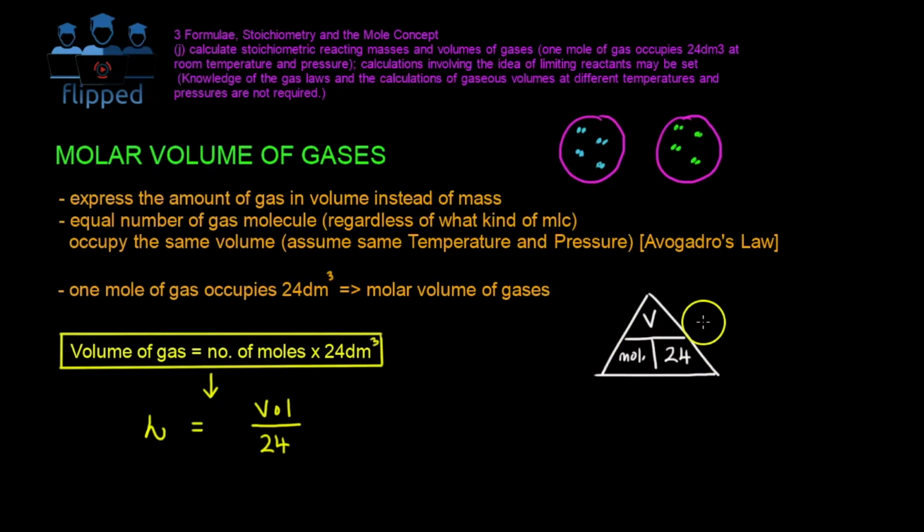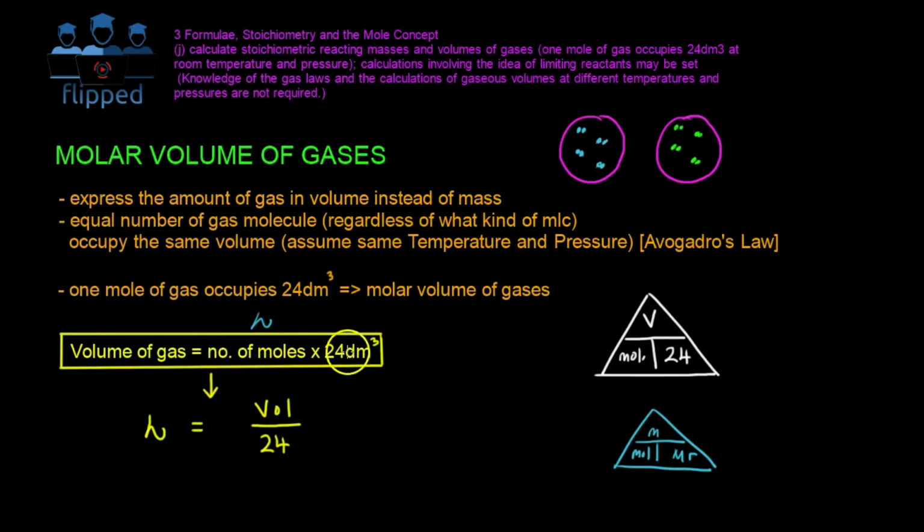I've drawn this triangle for you, as I did in the mass chapter. Recall that previously it was mass on top, over mole times Mr. This is a variant: volume over mole times 24 dm cube. From this formula, we can also change it into this one, which is actually more commonly used: number of moles, n, equals volume divided by 24.